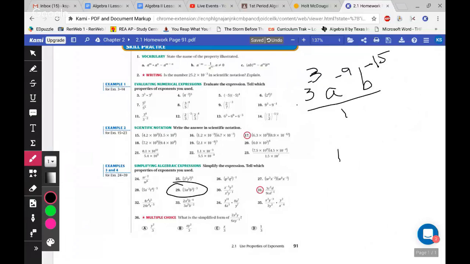So it's going to reverse to 1 over, and then 3 raised to the third power is 27, and that will be A to the 9th and B to the 15th. And that lovely answer is your final answer.